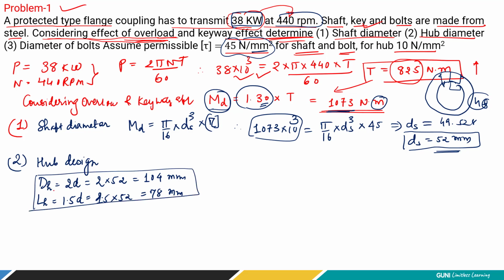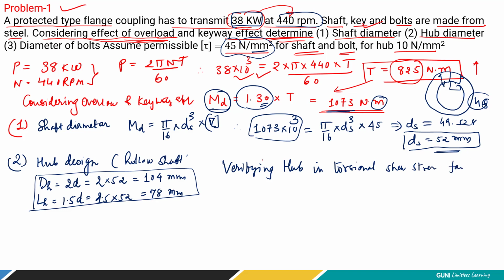Now we already have a dimension of hub. We need to verify by considering the hub as a hollow shaft, right? In the torsional shear stress equations. So, verifying hub in torsional shear stress failure, right?